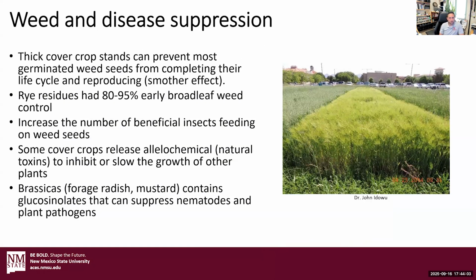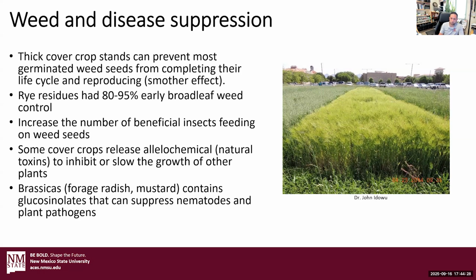And then moving on to weed and disease suppression. Cover crops are really great at providing suppression for weed growth and disease management as well. They do this because they can establish a really thick stand, and it prevents most of the germinated weed seeds from even completing their life cycle and reproducing.